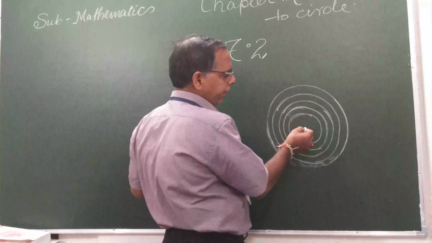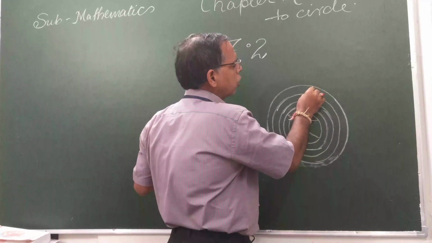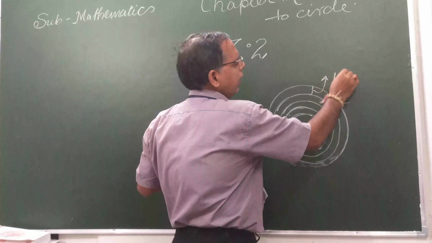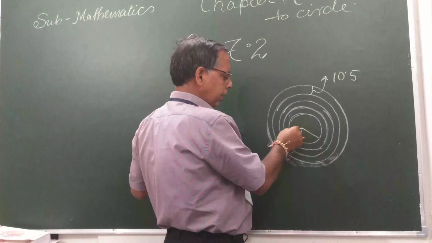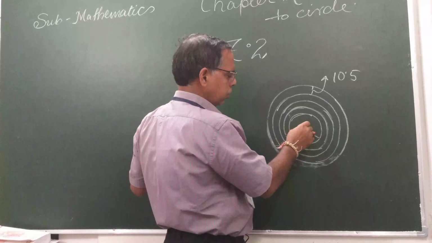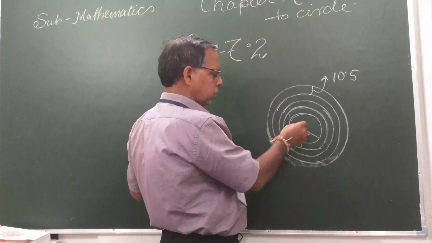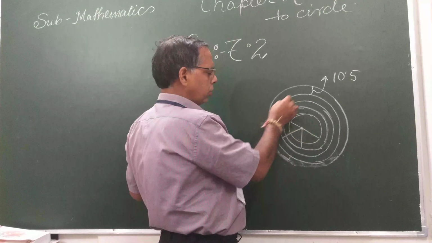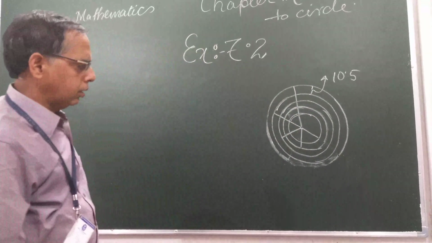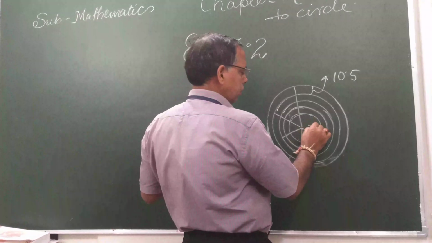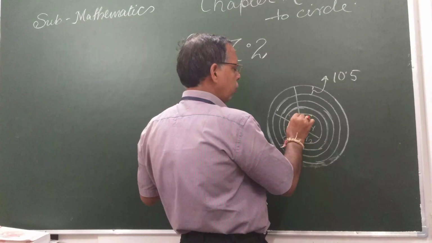Now this is one radius. This one is given. Then each gap is given as 10.5. Here is one radius, here another radius. These are the 5 radii: this is R1, R2, R3, R4.